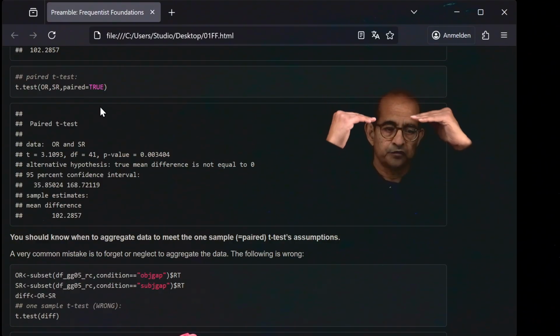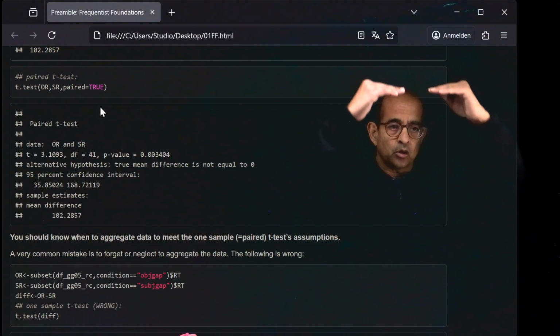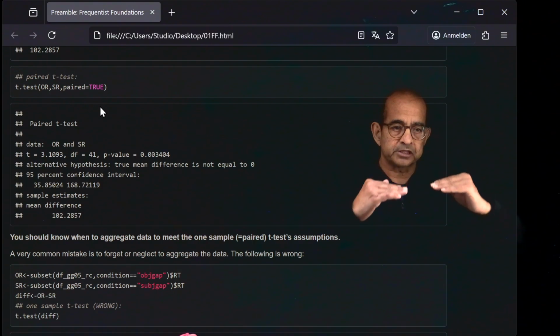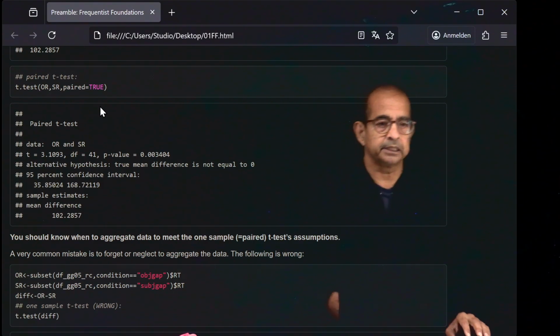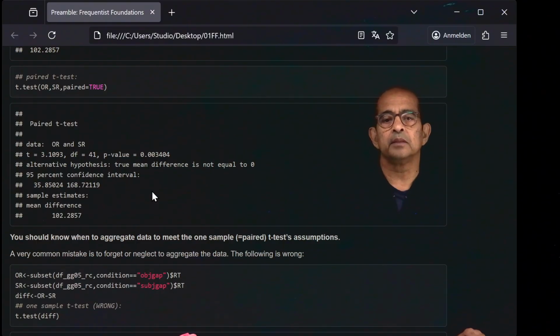That means the 42 cells in the OR and SR vectors are all representing data from the same subject, right? Each of the cells is representing the estimated mean reading time for each of the 42 subjects. That's the purpose of the paired equal to true specification in the paired t-test, this one here.